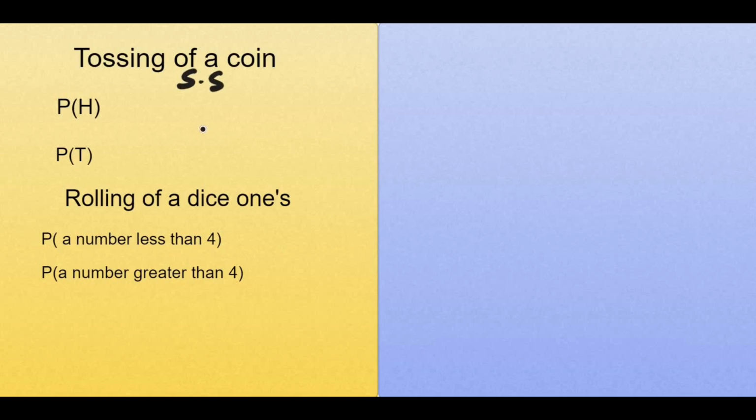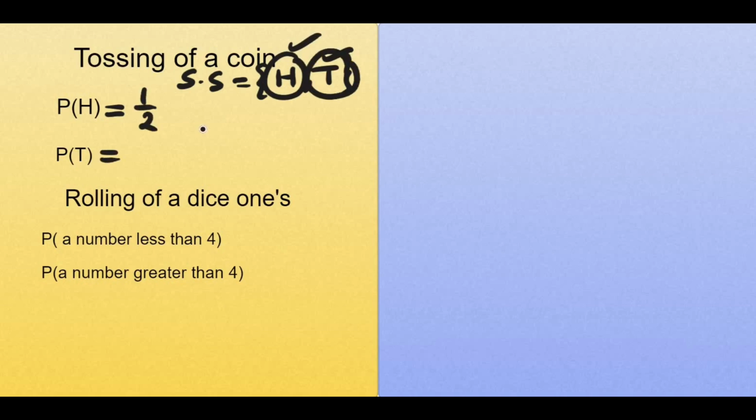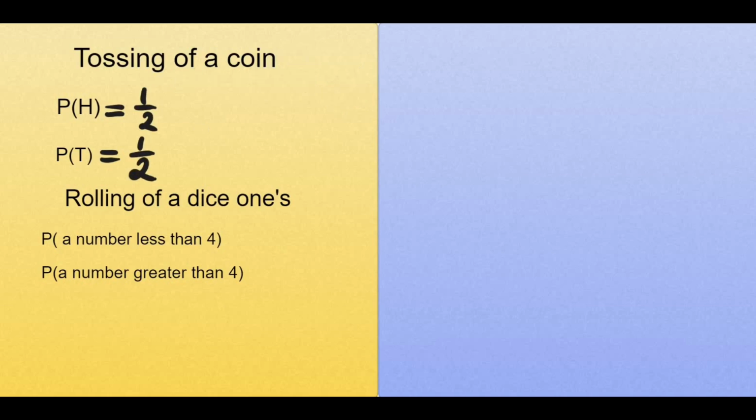Then the outcomes in the sample space will be either a head or a tail. Then probability of getting a head is 1 out of the 2 choices. And probability of getting a tail is also 1 out of the 2 choices. In case of a single coin tossed once, the elementary events are a single head and a single tail.